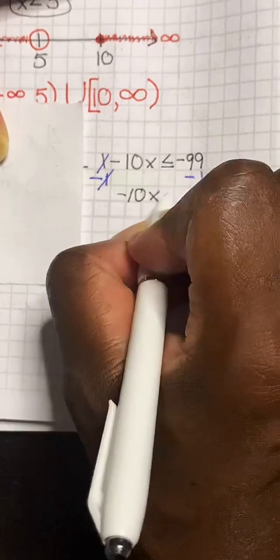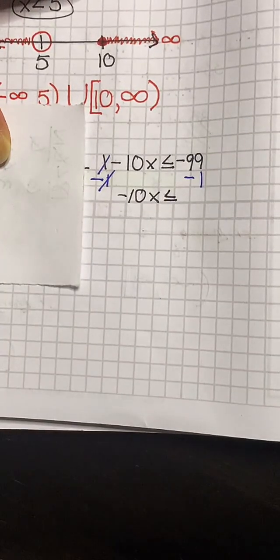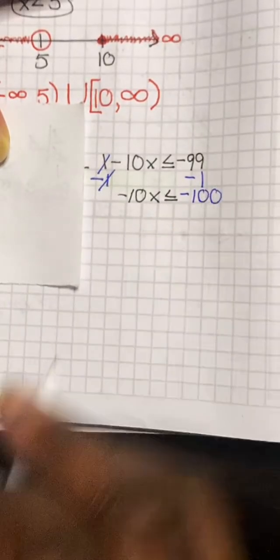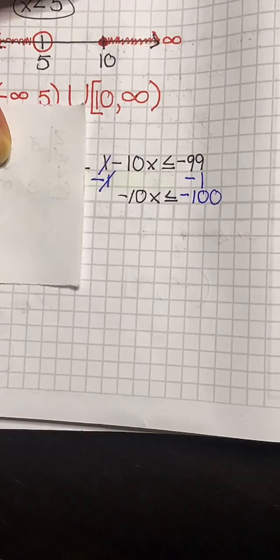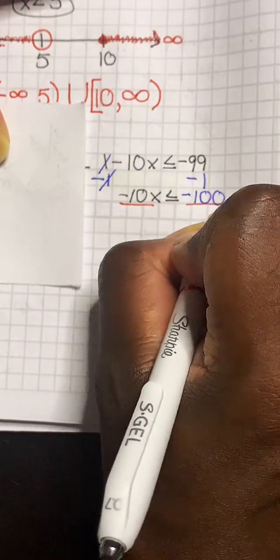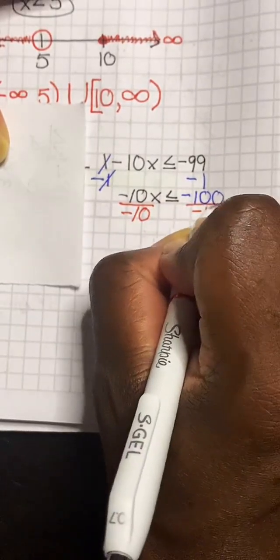Since we subtract, my inequality stays exactly the same. Negative 99 minus 1 gives me a negative 100. Now I need to divide by negative 10. Everybody heard what I said?